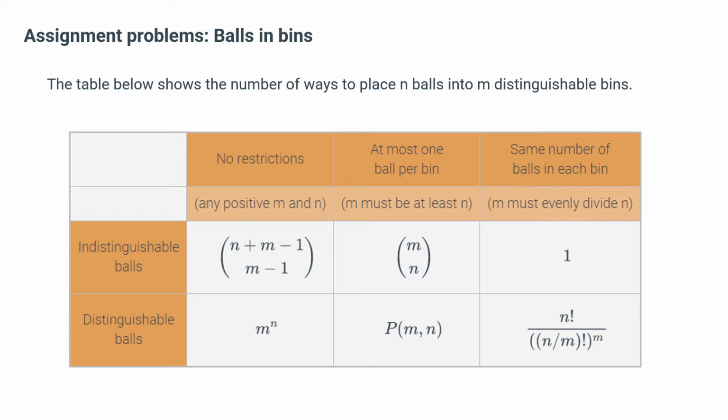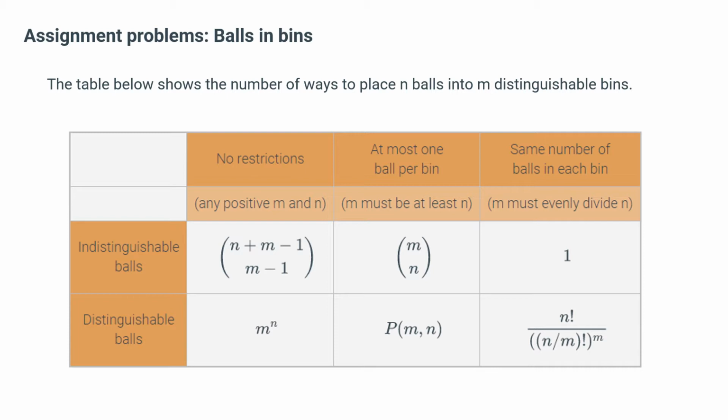And I'll also let you see this chart, so you can look at the chart and figure out which category it's in. That's one less thing you have to worry about identifying on your own. You would still have to identify one of these 6, but when I say this is a balls in bins problem, at least you know you're limited to these, and you don't have to get them mixed up with all of the other types of problems we've done.